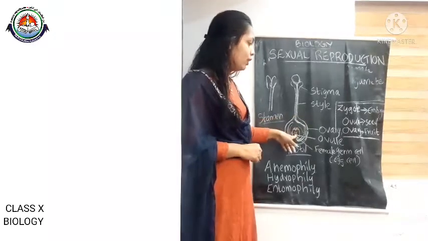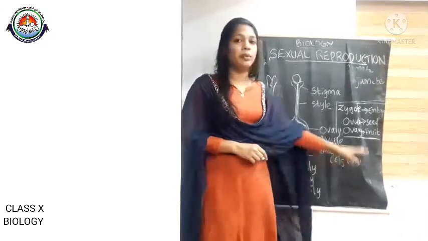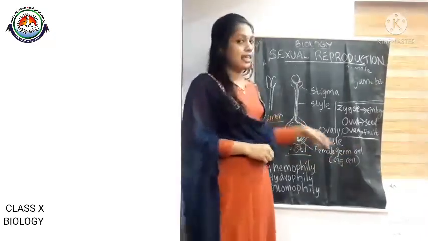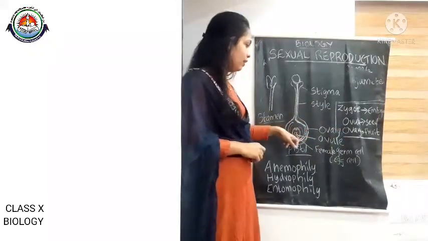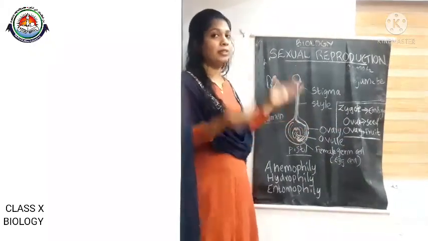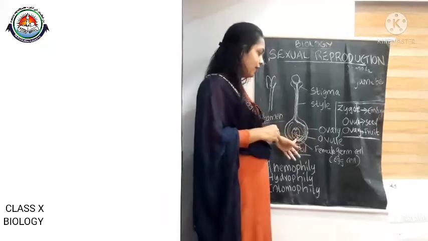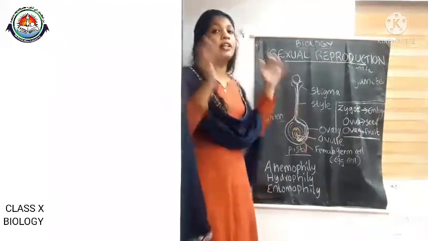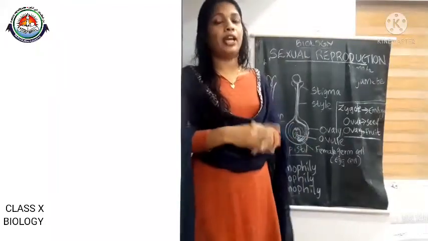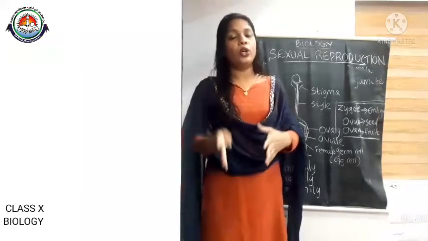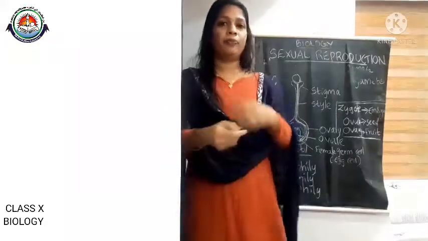That ovule contains the female germ cell or egg cell. When the male gamete comes in contact with the egg cell, fertilization occurs, with formation of zygote, then embryo, etc.